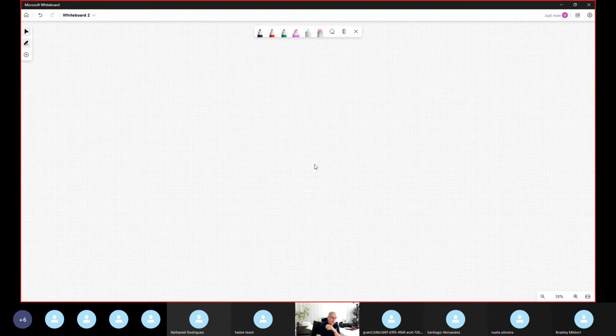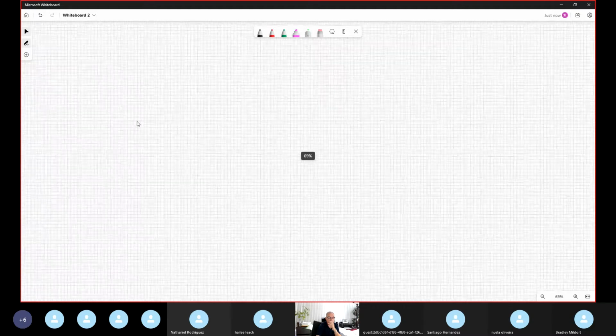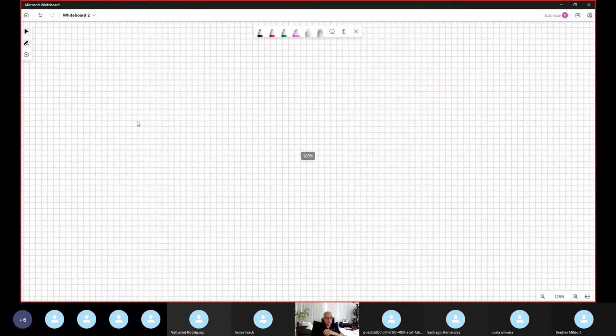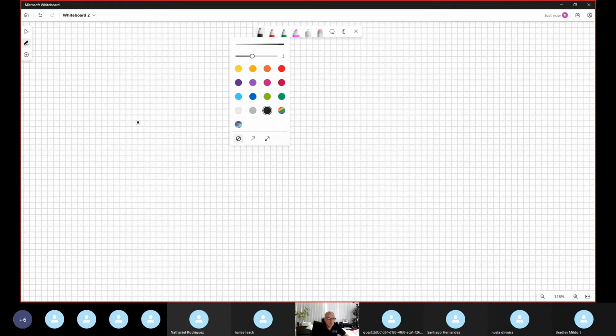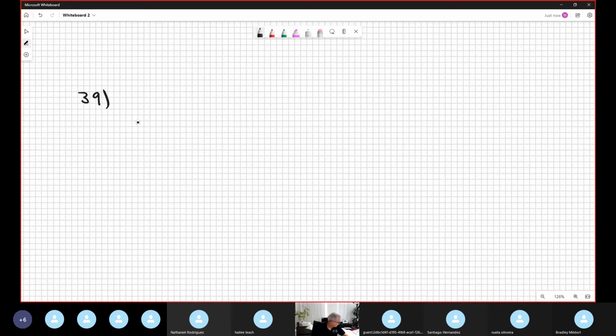Okay, now 39. 39 is the same problem but with different numbers. The B vector is the vector 1,5 and the W vector is 3,1.